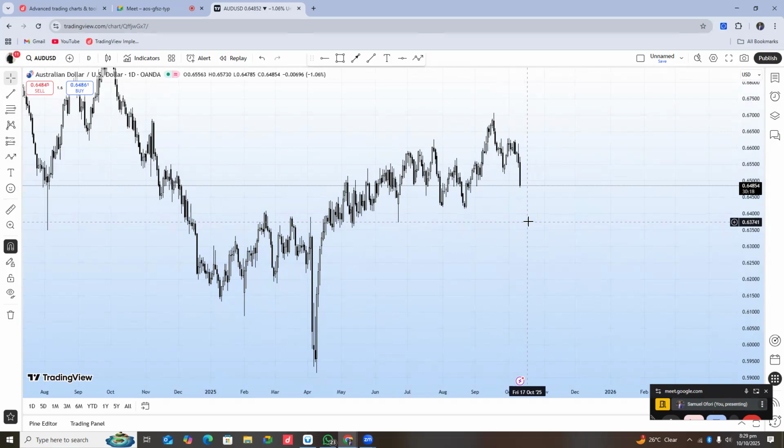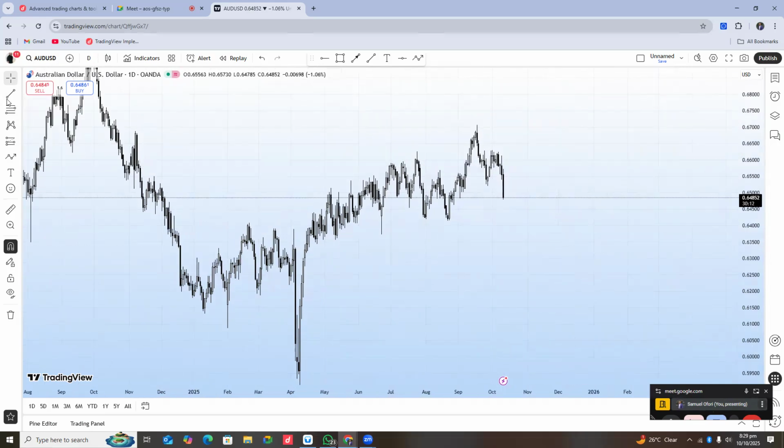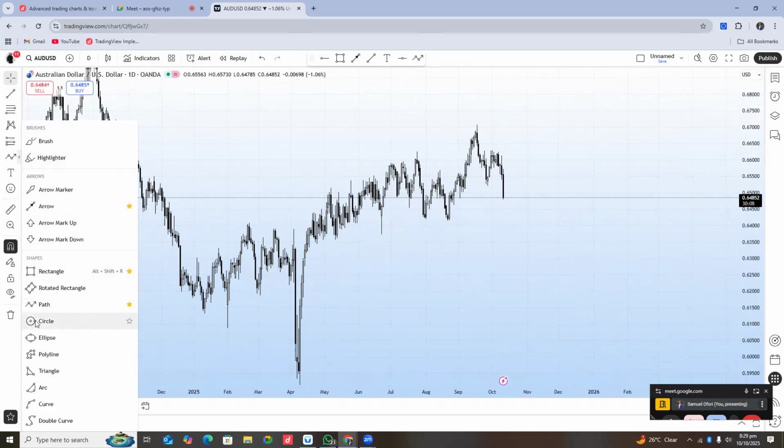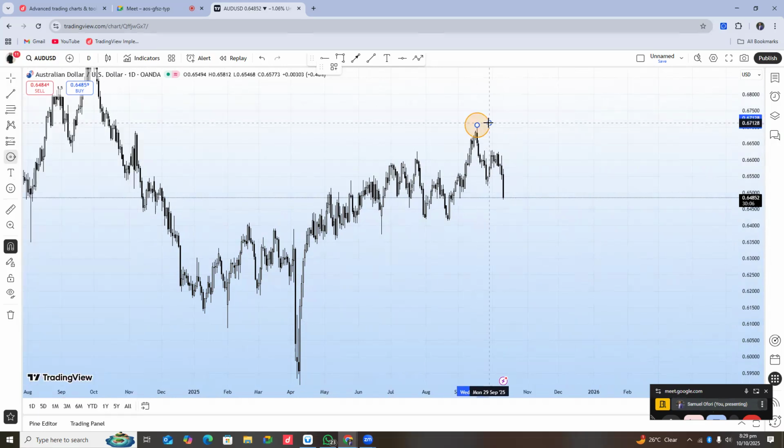The next thing that we are going to do is to be able to identify the swing points. Okay, we have to identify the swing points. So the same way, I'm going to look at the swing high here. Then I'm going to look at this swing low. Sorry, my cursor is disturbing.